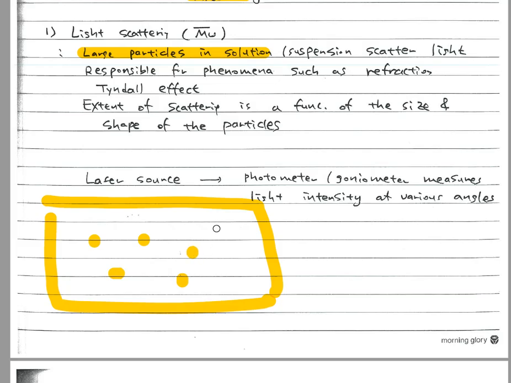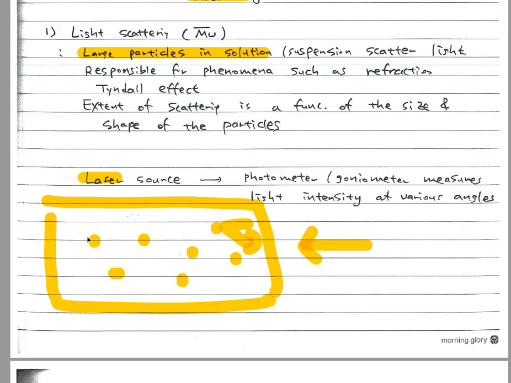These are polymer particles with a certain size, okay? And if you shine light with some kind of light source, for example, a laser, some of the light hits these polymer particles and scatters, okay?